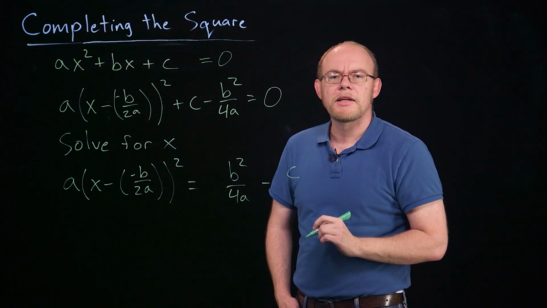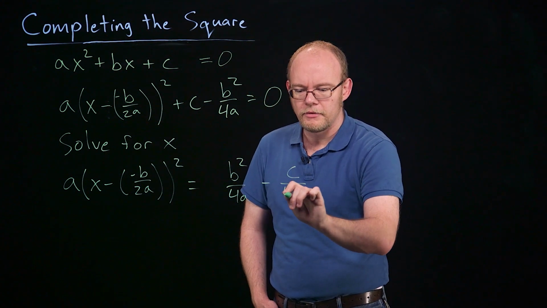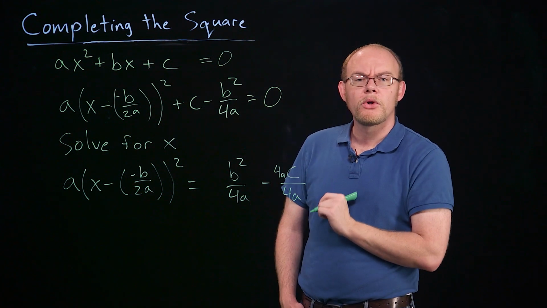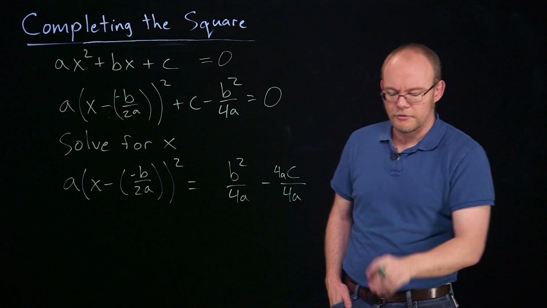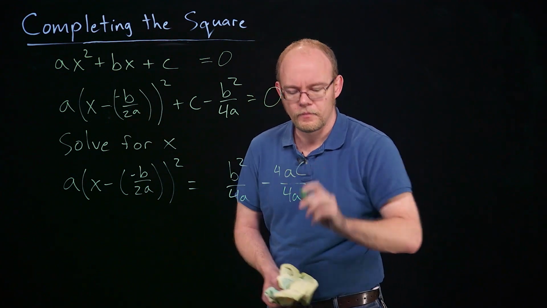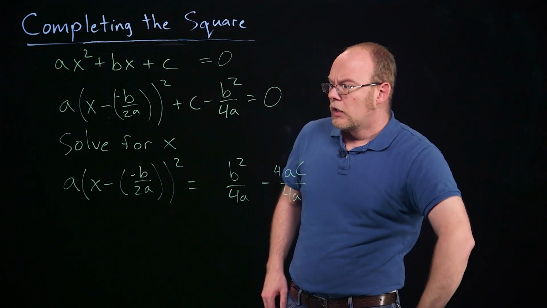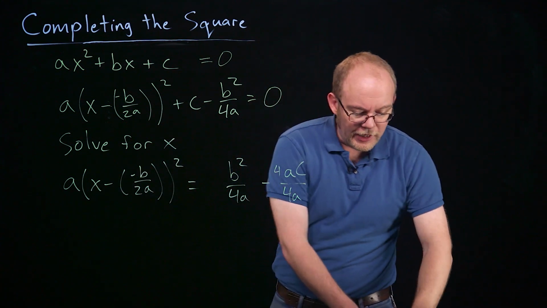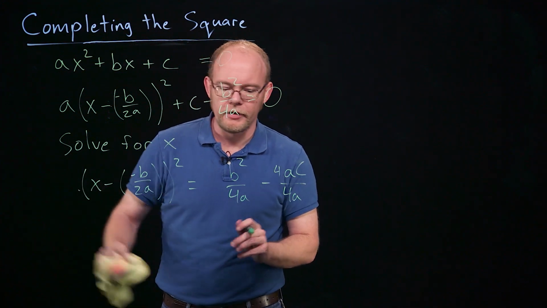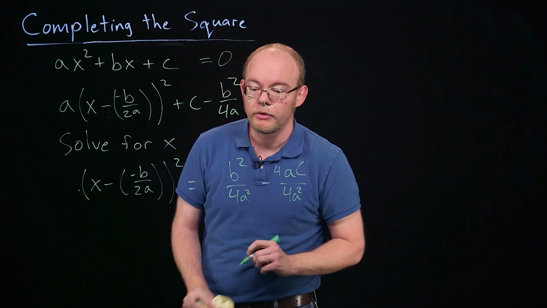Now, I'm going to need this as a common fraction, so I'm going to go ahead and divide by 4a and multiply by 4a. That doesn't change the quantity, that's just going to make it look nicer. Next, we divide both sides by a, and we get a squared and a squared.